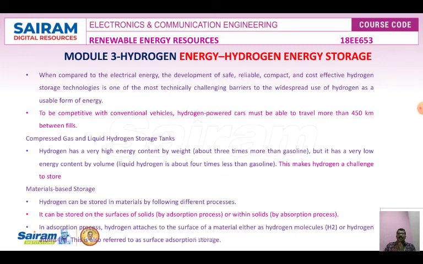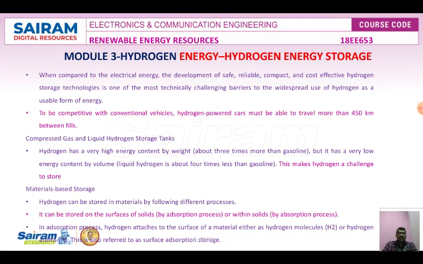Hydrogen has a very high energy content by weight, which is 3 times more than gasoline, and a very low energy content by volume, where liquid hydrogen is about 4 times lower than gasoline. So very high energy content by weight, very low energy content by volume. This makes hydrogen a challenge to store.